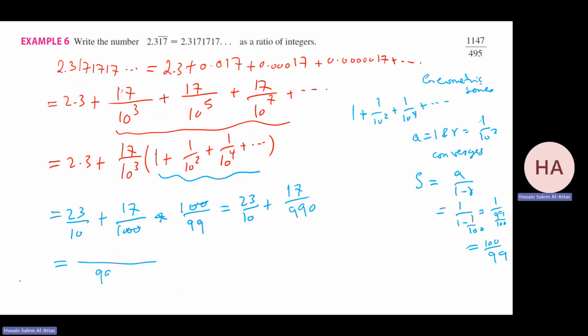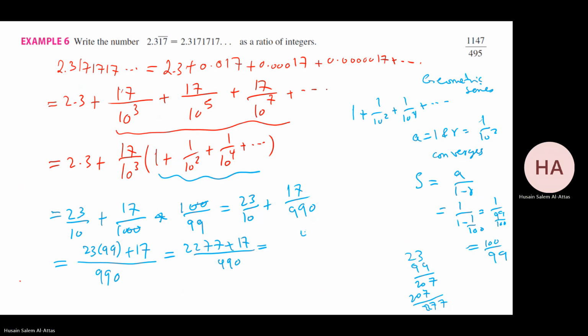So now take the common factor, which is 990. I have 23 times 99 plus 17. Let me do 23 times 99, that is 2277, plus 17 over 990, which is 2294 over 990.